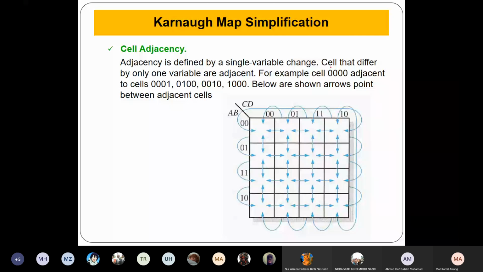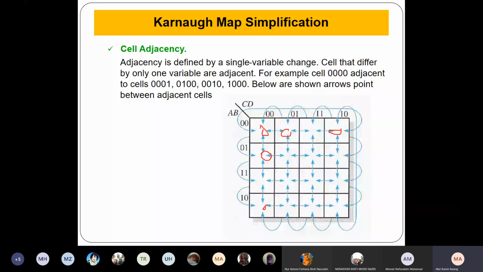For example, cell 0000 here is adjacent to the cells 0001, 0100, 0010, and 1000.